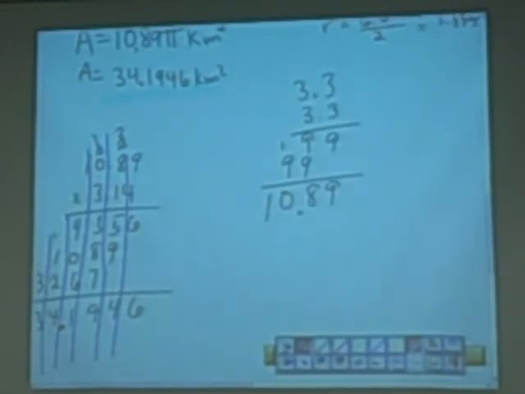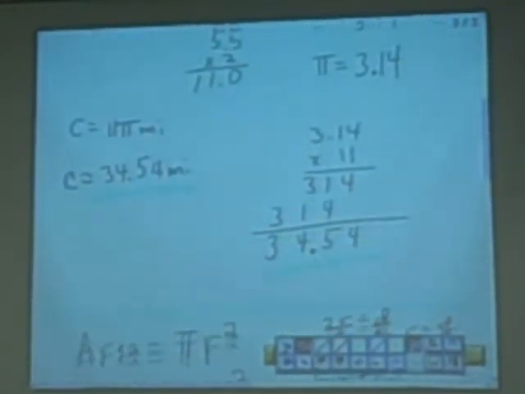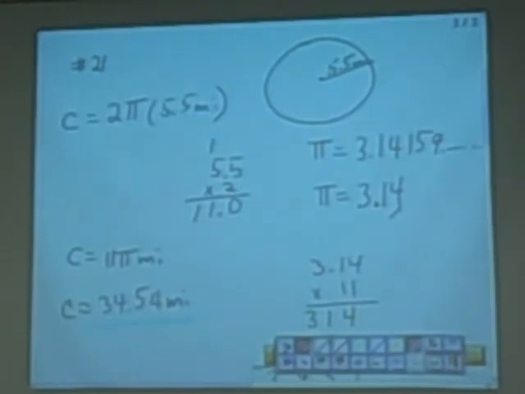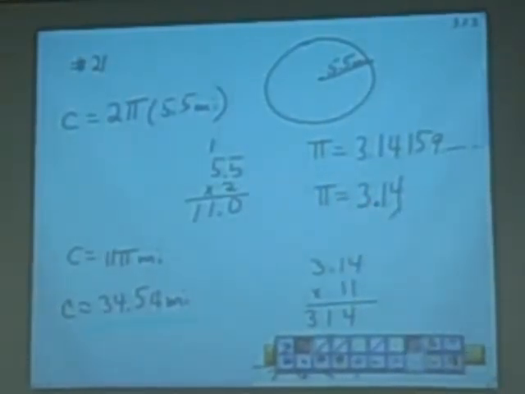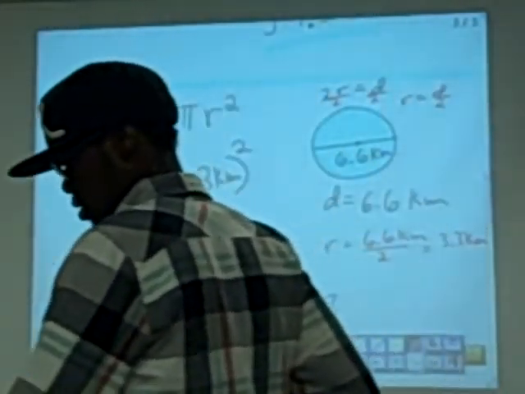Yeah, I got lost somewhere. Where did you come up with 3.14? Well, that's pi. See, pi is an irrational number. Where we came up with 3.14 is pi, right?